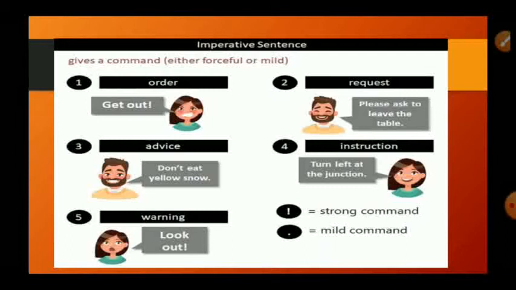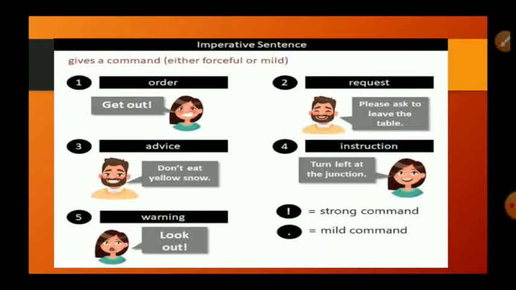Our next kind is imperative sentence. We can see in our first example, get out. Get out means an order to go outside. Second is in the form of a request, that is, please ask to leave the table. In the request form we usually use please. Now if we talk about advice, the example would be don't eat yellow snow.